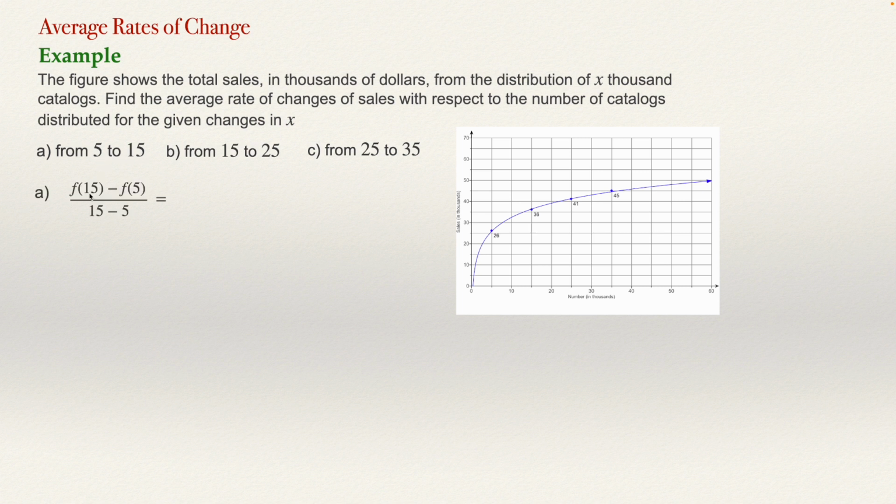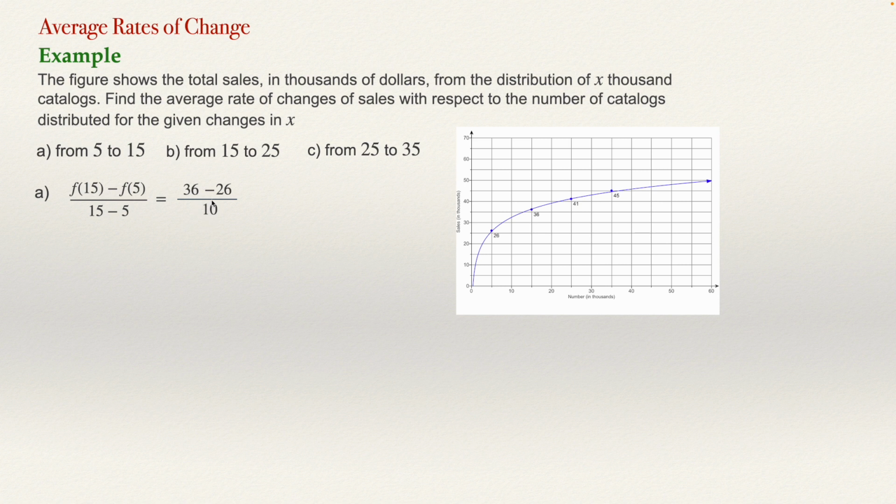I noticed that when x equals 15, the value of f of x equals 36. So this is the value for 15,000, there will be 36,000. Because everything is in thousands, I don't need to type thousand. So I can type here 36 minus the value at 5, that is 26. It will be 36 minus 26, divided by 15 minus 5, that is 10.